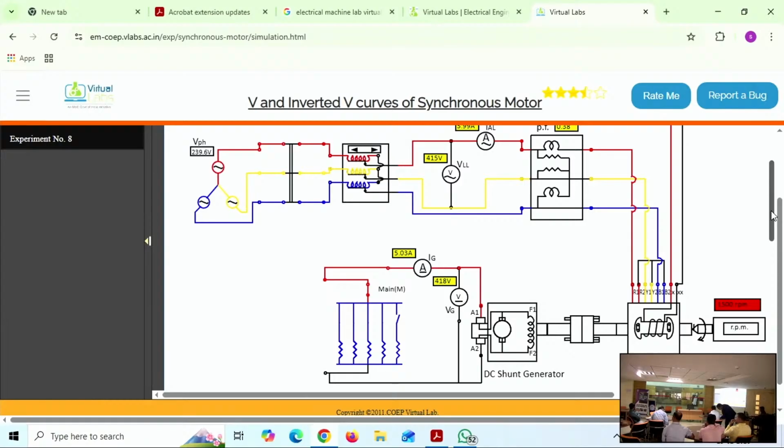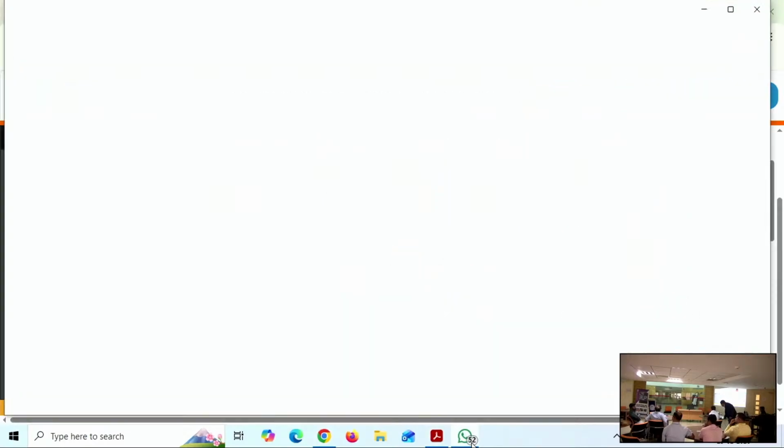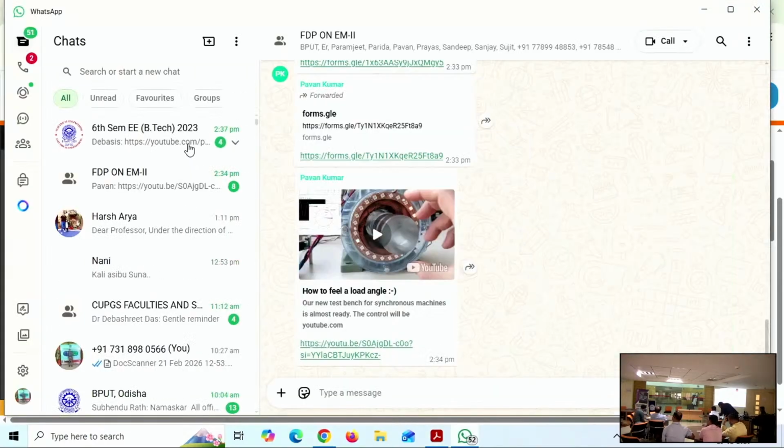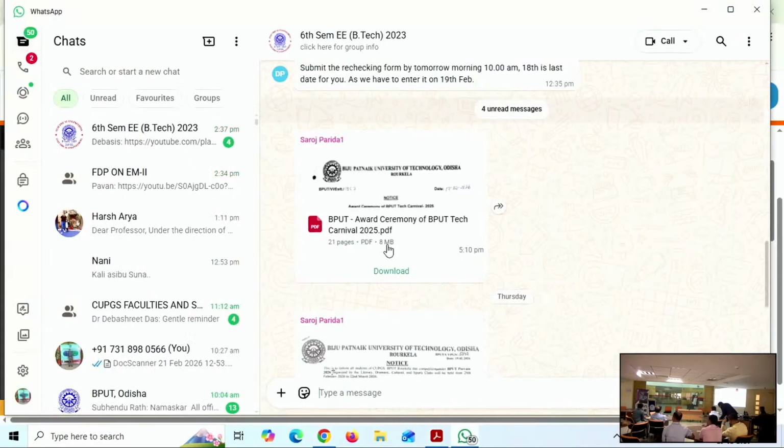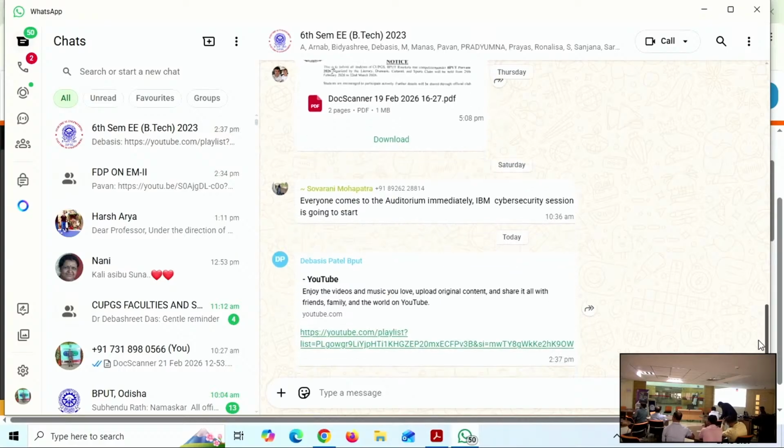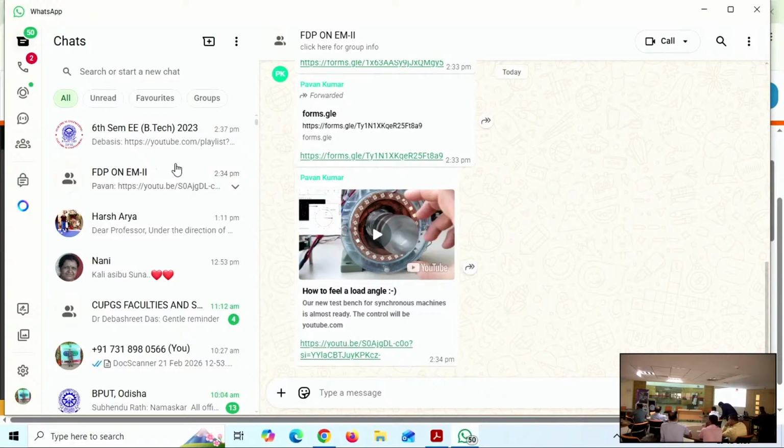Understand? So now the generator is having an electrical load. So when you start loading electrically, that means what? You need to draw instead of directly having a mechanical load, how you can load it electrically and plot the characteristics.